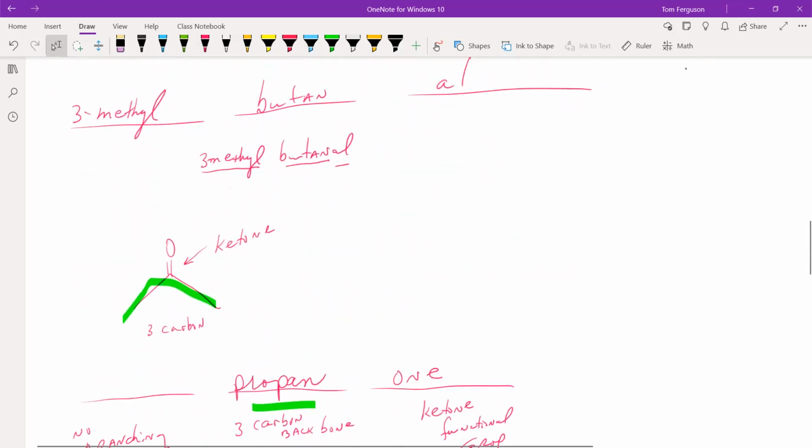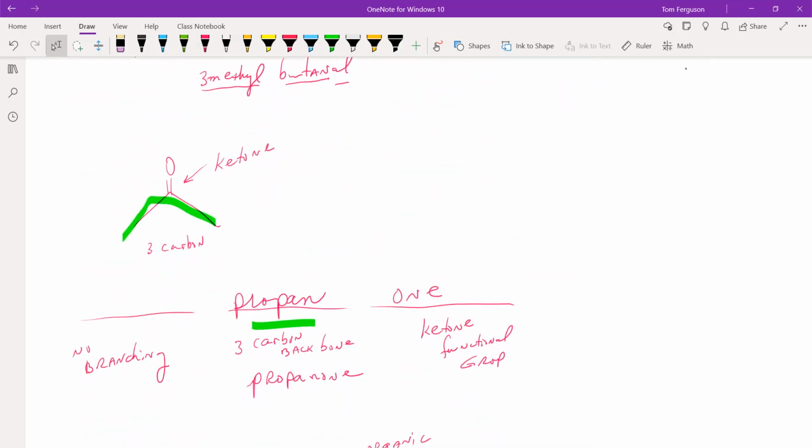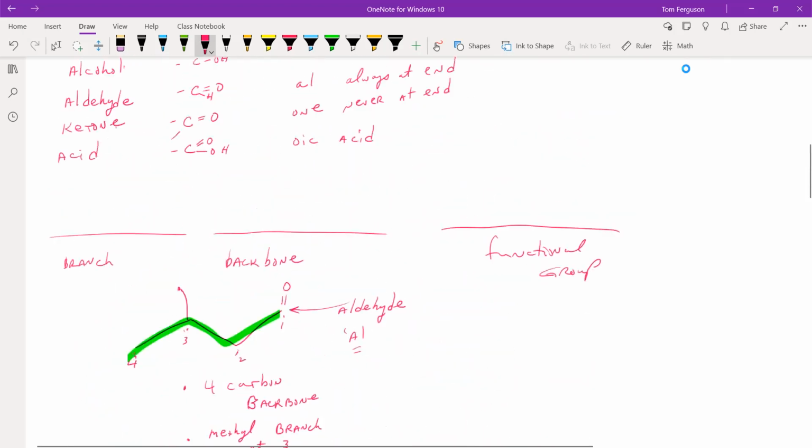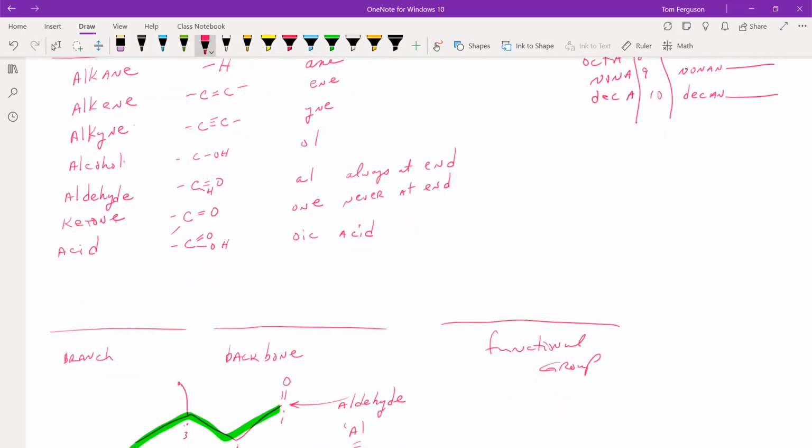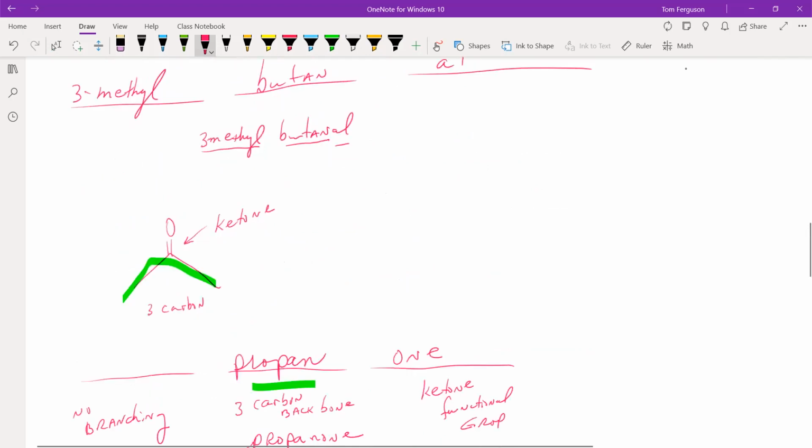More examples here. Okay, we got a 3-carbon backbone, and we have a ketone. So the ketone takes on the "one" functional group. And notice it's not at the end, it's in the middle.